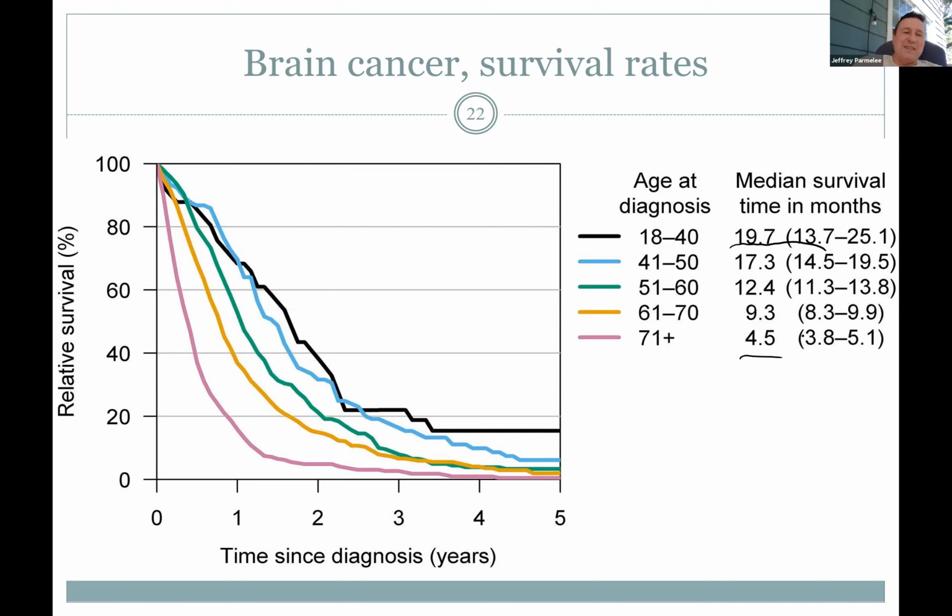Everyone is alive when you're diagnosed, because that's when you get the diagnosis. You can see here the pink line, in 1 year, you have a very low survival rate if you're old, but if you are a much younger person, like that black line, your prognosis is much better.